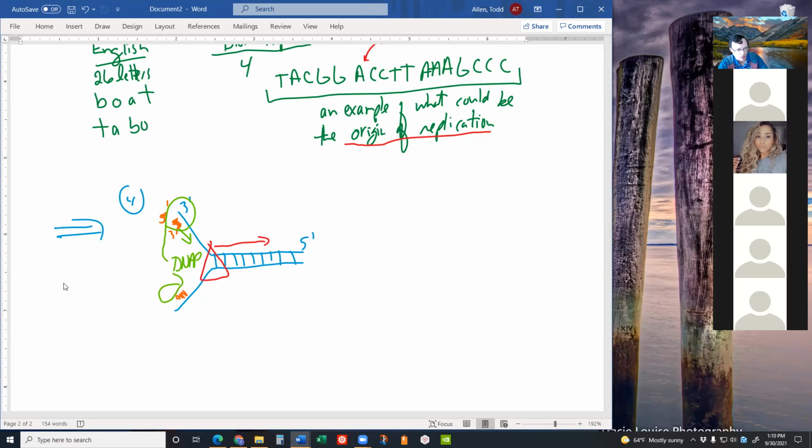But DNA polymerase has multiple arms. And so what that produces is a form of replication which you can see similar to figure 8.5 in your textbook.